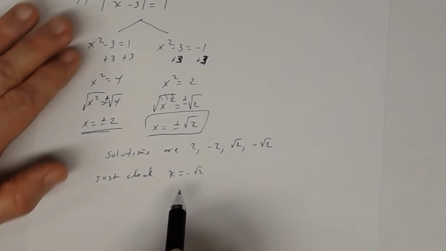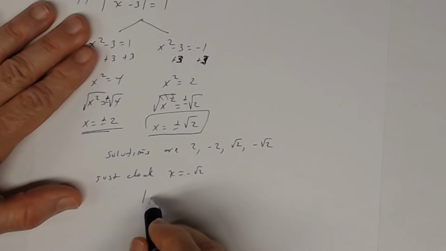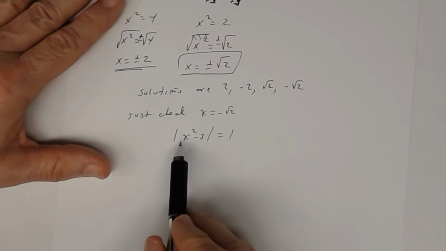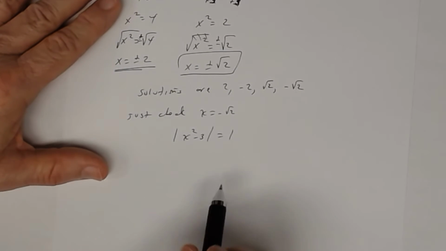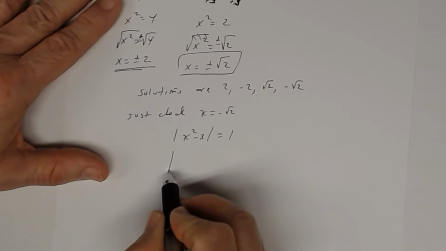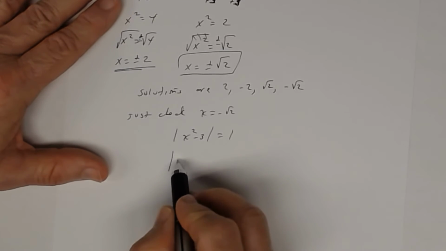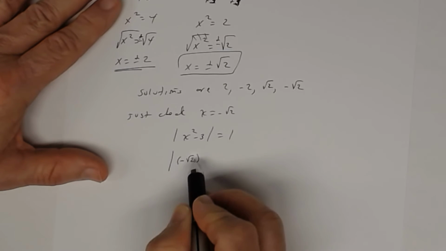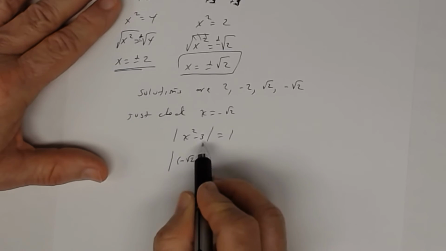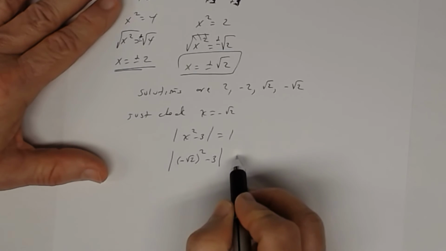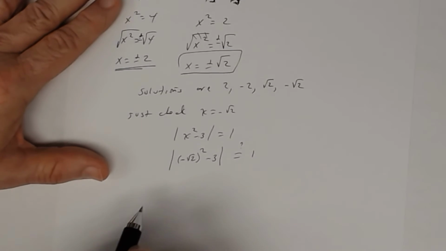In place of your original equation, which is the absolute value of x squared minus 3 is equal to 1, in place of x, we're going to substitute negative square root of 2. Now be careful. Since this is negative, we're going to put that in parentheses. So negative square root of 2 squared, because x squared, right? Then you have to subtract 3. And then don't forget the absolute value bars. And I want to see if that's going to equal 1.